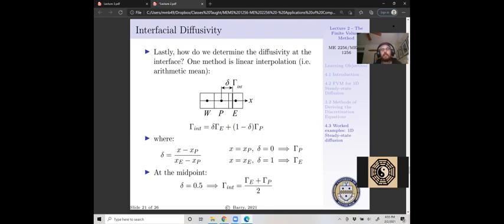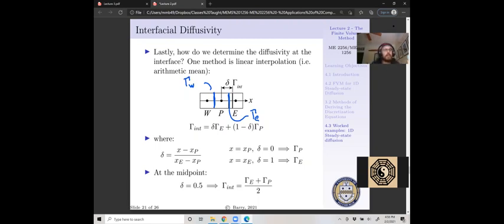Now, the last thing we have to talk about is our interfacial diffusivity. Now recall when we apply our stencil to our west, our center, and our east cell, we have a gamma west and we have a gamma east, right? And we're assuming that is a known diffusivity at the interface of our control volumes.